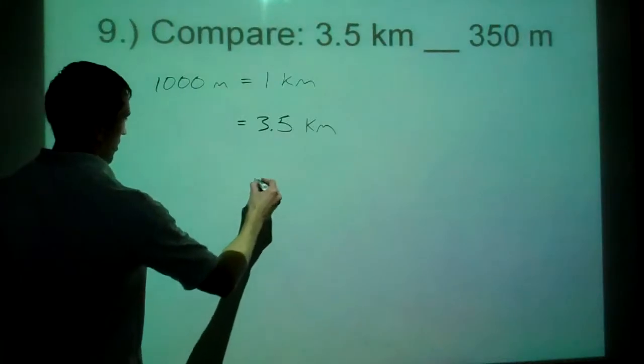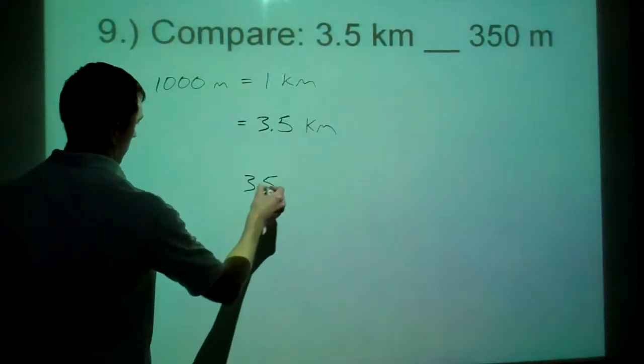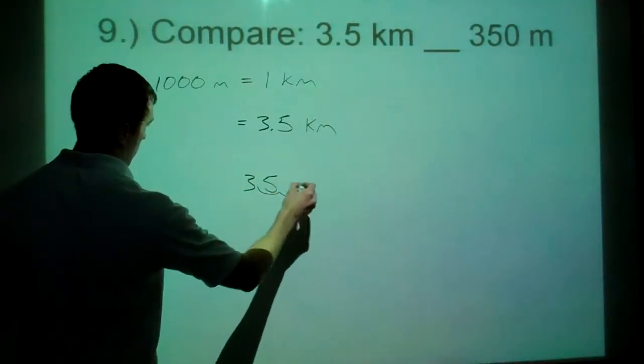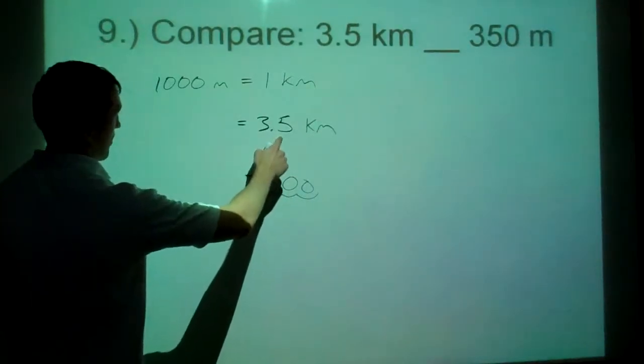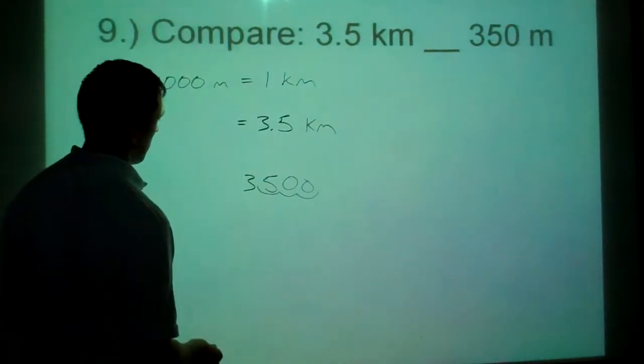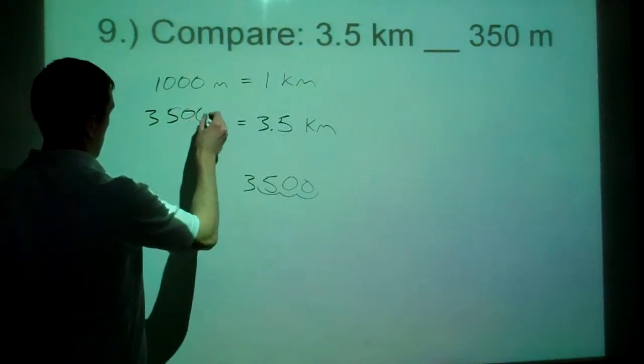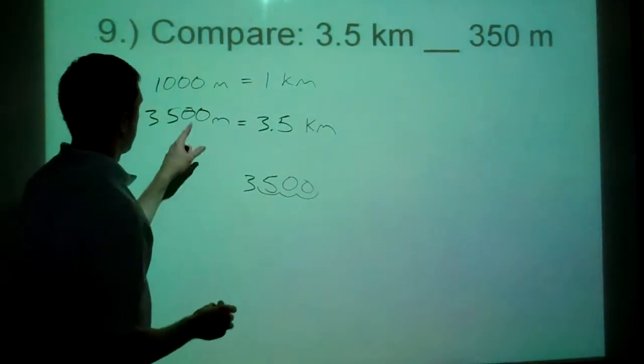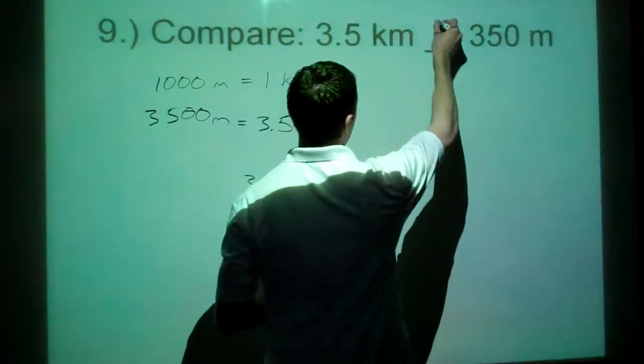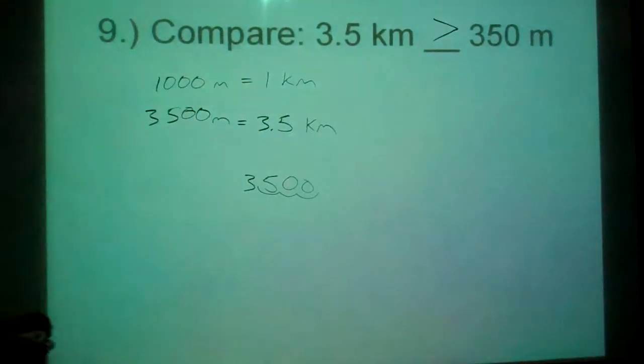Well, 1,000, so we can move it 1, 2, 3 spots. Or if we're to multiply that times 1,000, okay? So we get 3,500 meters. And that is bigger than 350 meters, so that one's bigger right there. Alright, so that's how we think about that one.